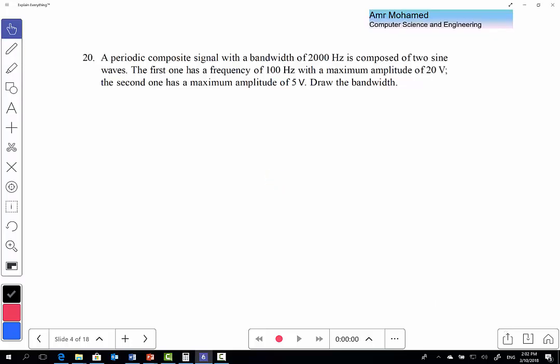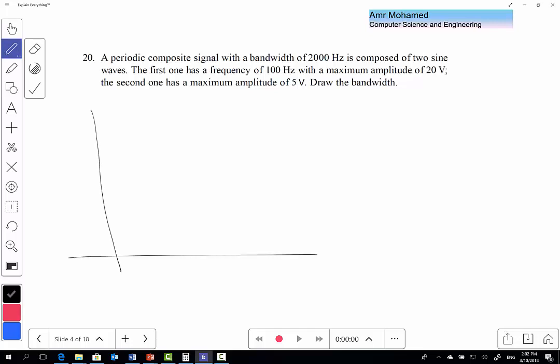So the next one is regarding a periodic composite signal with a bandwidth of 2000. So now we have the bandwidth, which is composed of 2 sine waves. All right, so we have a composite periodic signal with a specific bandwidth, 2000.